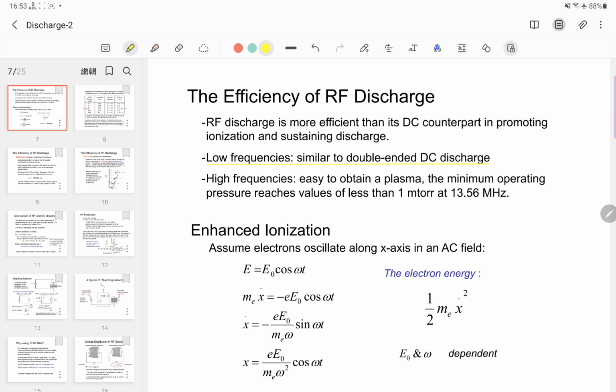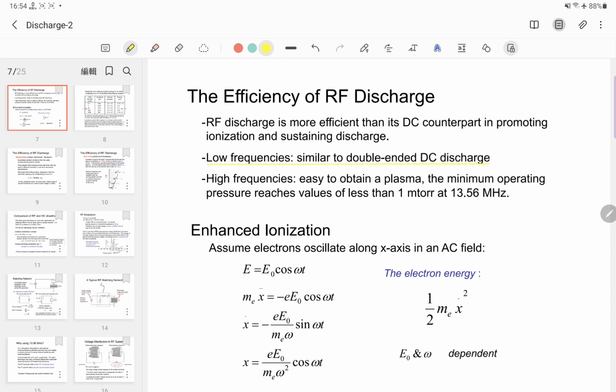And E0 is the amplitude of the electrical field. The electrical field equals the voltage difference divided by distance. So you can consider it as the voltage across cathode and anode divided by the distance between cathode and anode.